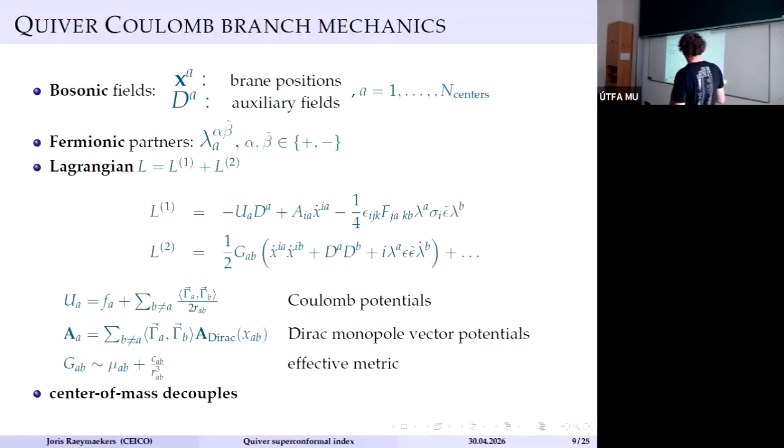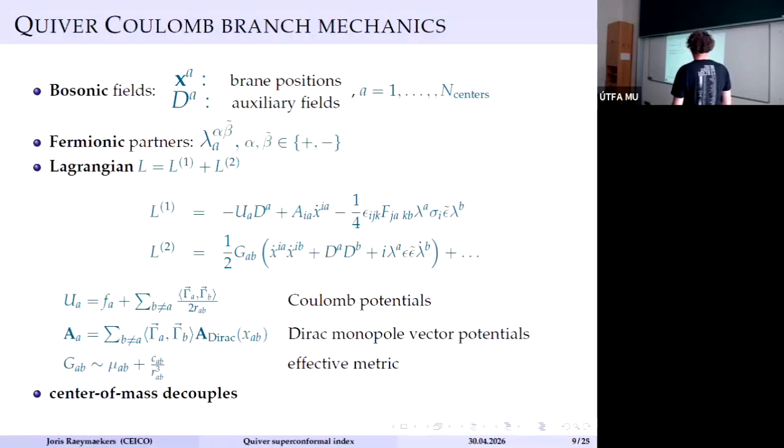So they feel each other's Coulomb potentials, which are expressed in these functions U here, just the Coulomb potentials. They feel each other's Dirac monopole vector potentials. These are these A's here.